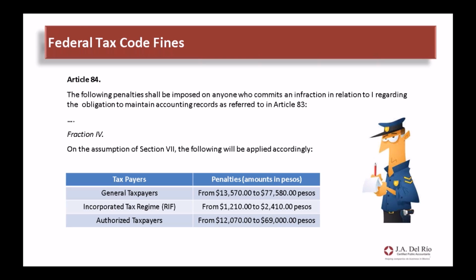Why is there a range from one number to another? Well, it depends on the recurrence. If it is the first time that you commit an infraction, you might get the penalty of the 13,000. However, if you keep doing it and so on, then the penalty could go up to 77,000 pesos.